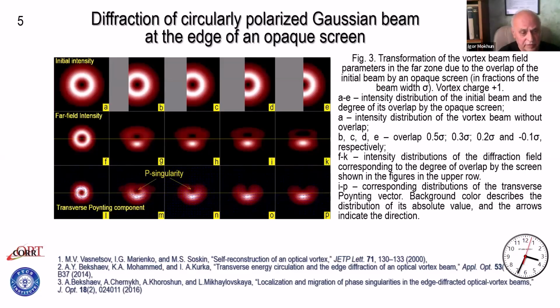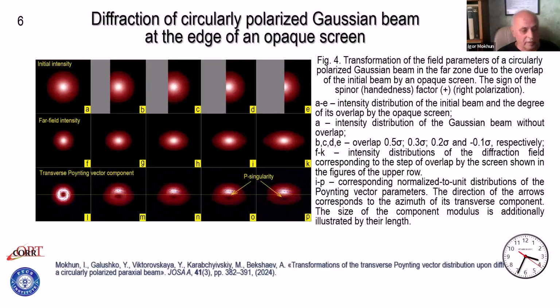The direction of the shift is determined by the sign of the topological charge of the vortex. It has the direction of circulation of energy flows in the input plane.